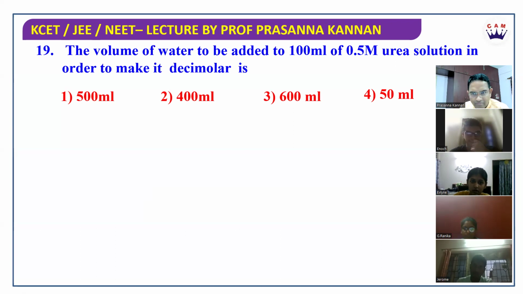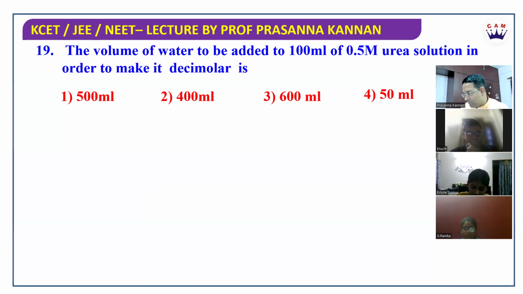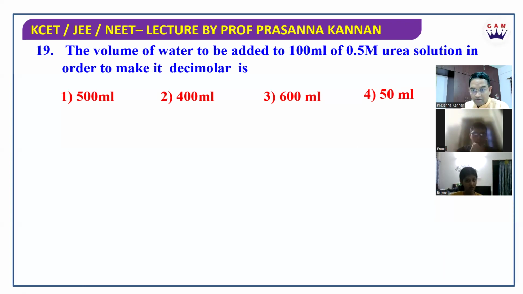So 60 by 600, and you get 0.1. Is that right? No. 60 by 600 means, see here, 60 is urea molecular mass, correct? Yes, sir. Suppose if you take 6 grams present in 60, 6 divided by 60 will be 1 by 10. If that is present in 1 liter, then it becomes 0.1 molar. Oh, okay. So, sorry, it's in ml. Yeah. So anyways, okay.